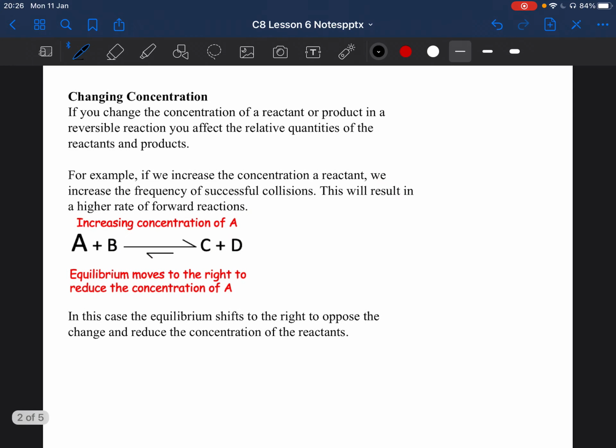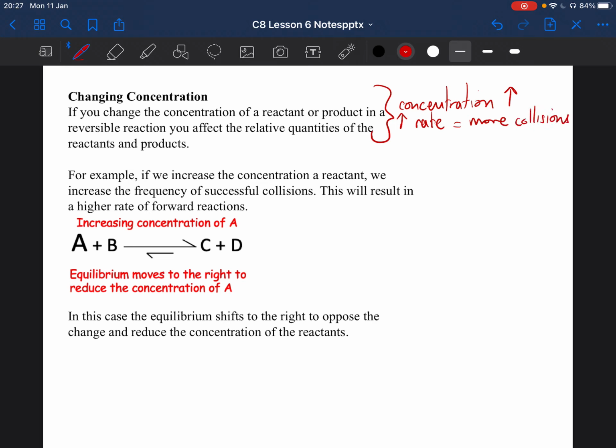So let's start by looking at changing the concentration. If you change the concentration, you change the relative quantities of your reactants and products. Remember, from earlier in this topic, we said that concentration increases increase the rate, and that's because you have more collisions.